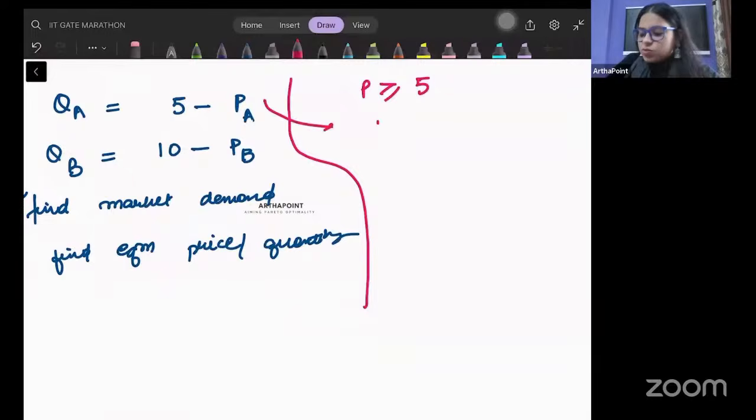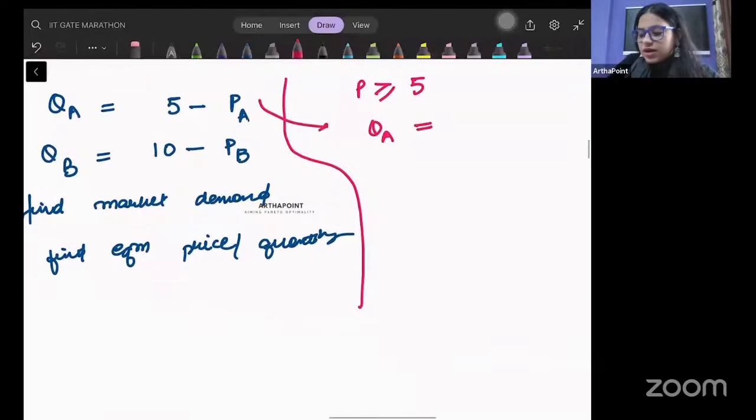Beta, individual A will not demand any quantity. It will just demand 0 units. Any price greater than 5, see, if the price is 5.1, 5.2, 5.3, 6, 7, 8, put anything here above 5, then its quantity is coming out negative. And if its quantity is negative, it automatically means that this individual will not demand.